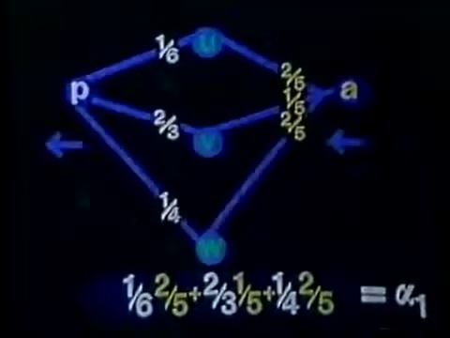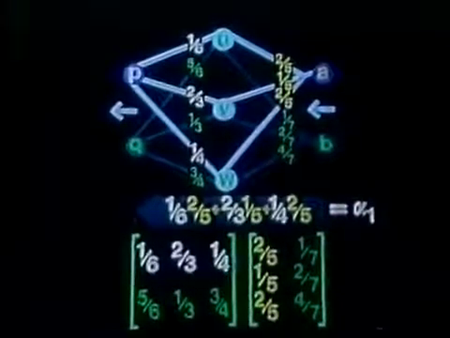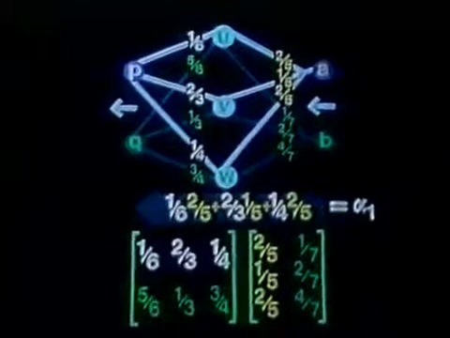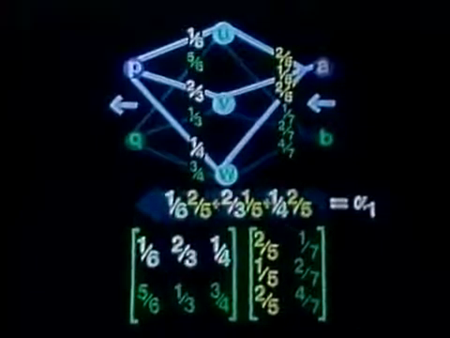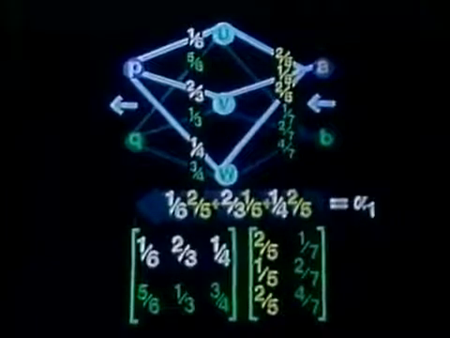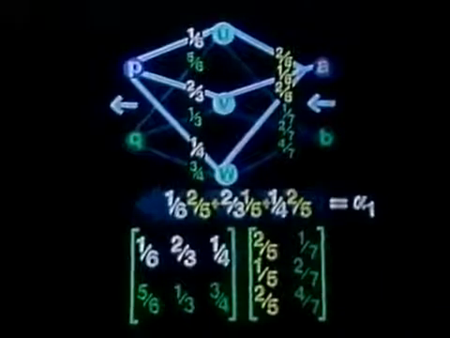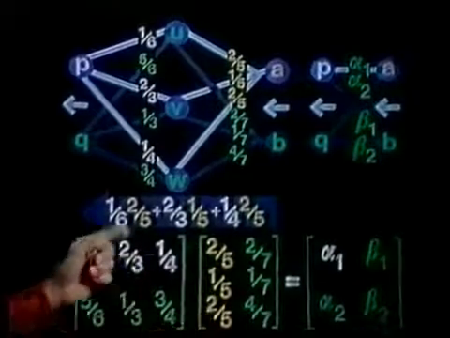Now let's see how this number alpha 1 is related to the total network as represented in the 2 matrices. We find, in fact, that alpha 1 is given by a row acting on a column. The first row of the left-hand matrix acting on the first column of the right-hand matrix. That's just using the definition of what we mean by row acting on column. Remember, you multiply corresponding entries and then add the result.